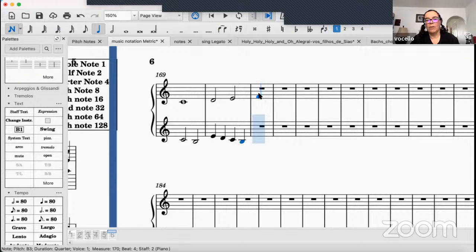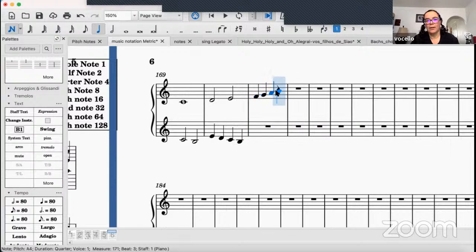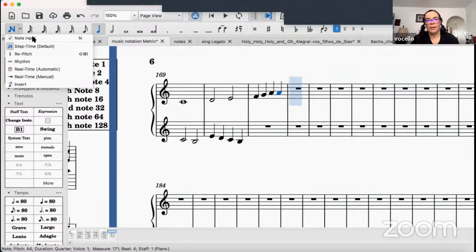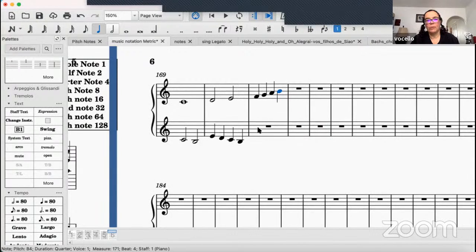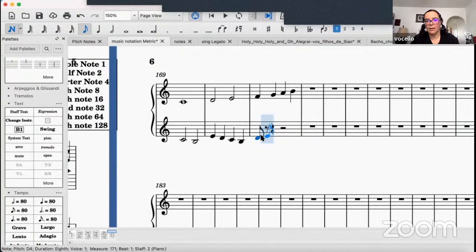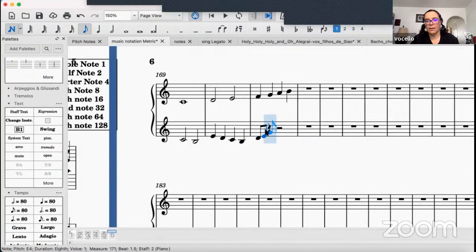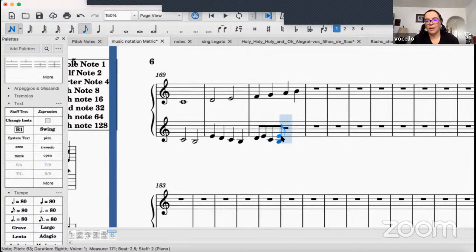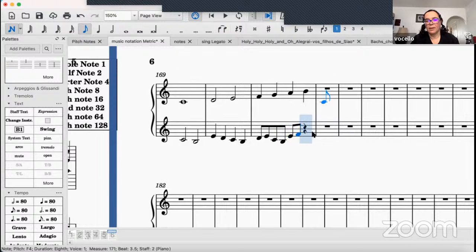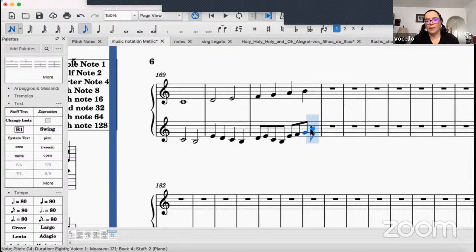One chord note is equal to two eighth notes. I'm just putting notes here, just to show. So one chord note is equal to two eighth notes. And one eighth note is equal to two 16th notes.